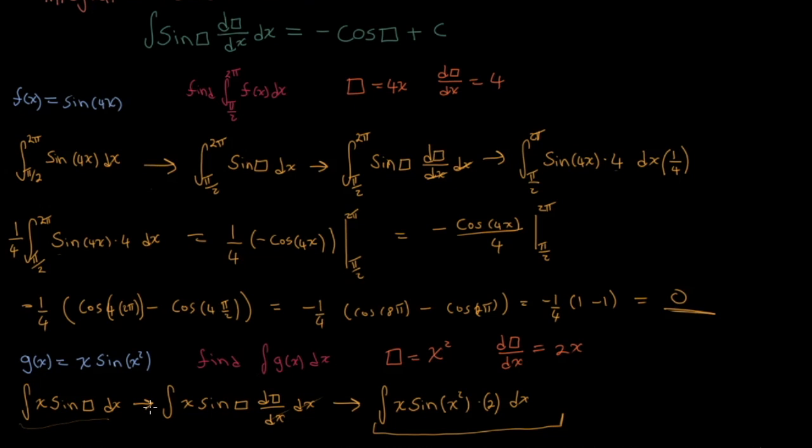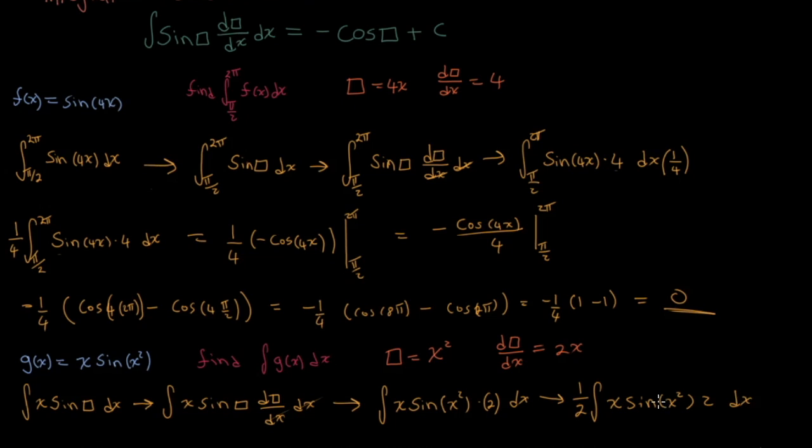So what we want to do is modify it a little bit so that the 2 basically cancels out. And the way we do that is we'll just put a 1 over 2 outside the integral here. So we get x sine x squared times 2 dx.